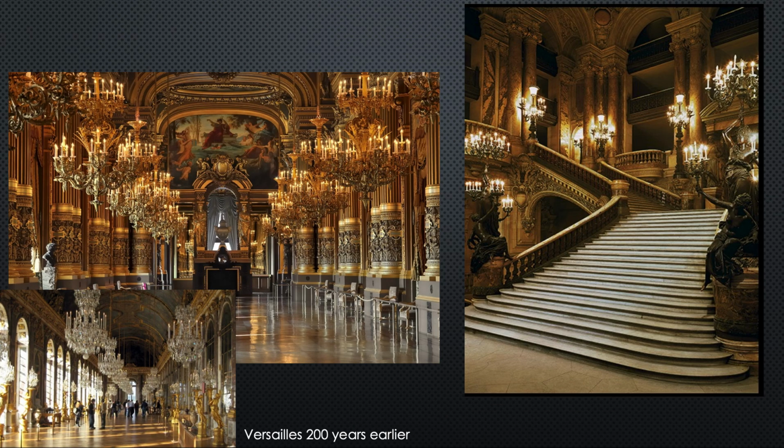So here's the Hall of Mirrors that we saw at Versailles 200 years earlier. So when I say that Garnier and other designers are looking back and reviving old styles, this is pretty obvious right here that he's looking at that grand Baroque style that catered to the very wealthy, the aristocrats. Another thing I like to point out in this interior on the right is that there are these statues over here on the banisters on the stair rail.